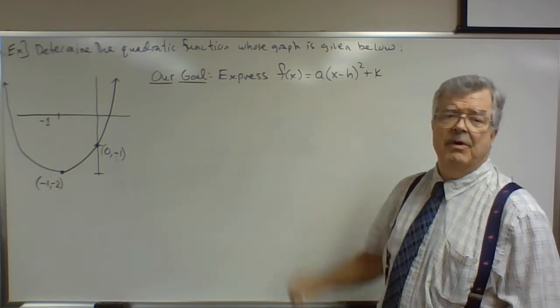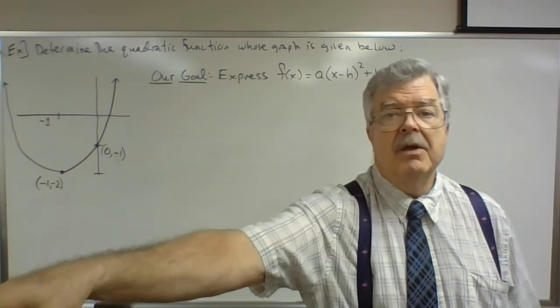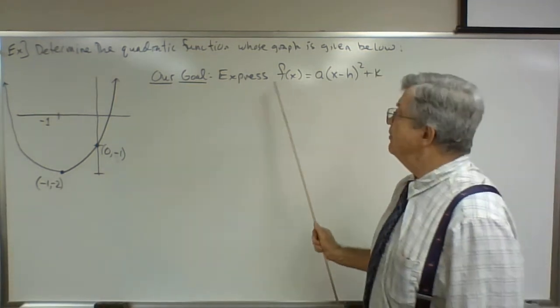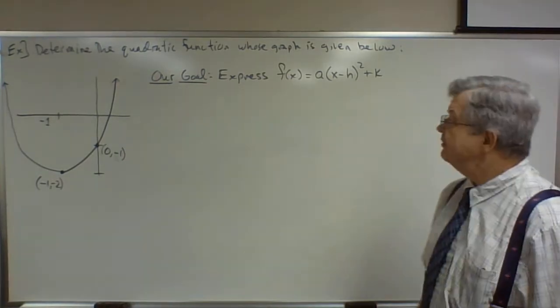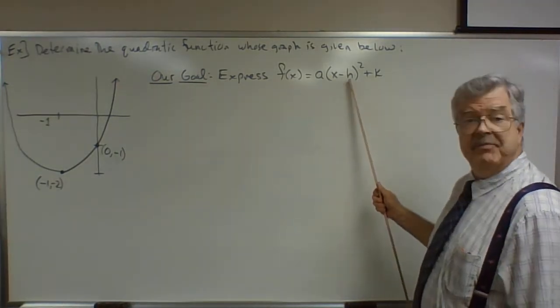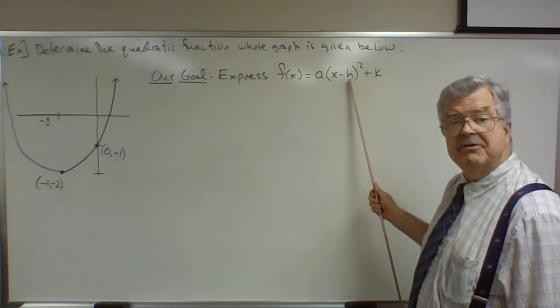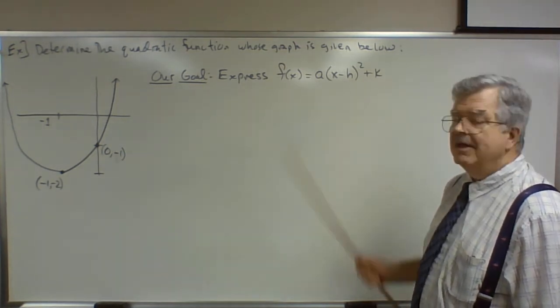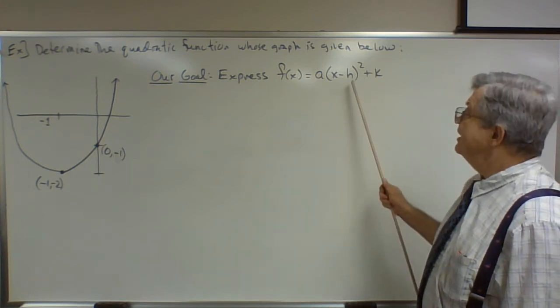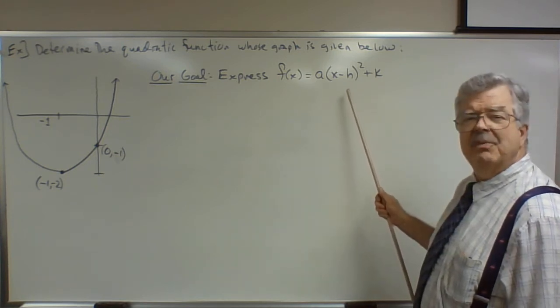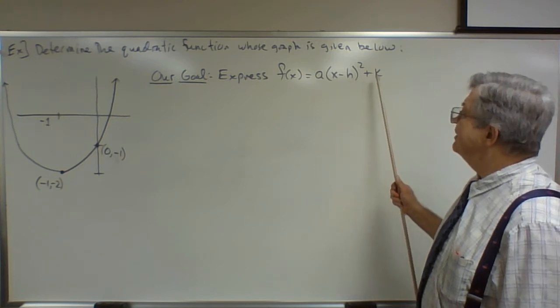This is the form that we like. We can look at this form of a quadratic function, and we can say, aha, the axis of symmetry is x = h. And then we can say, aha, the vertex is the point (x, y) = (h, k).